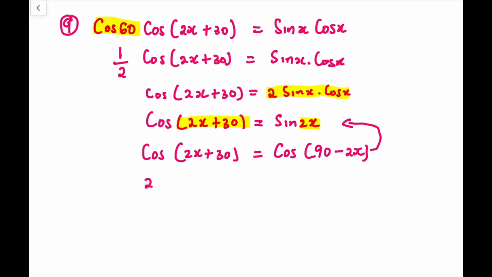So we can write this as 2x plus 30 is equal to, because this is general solution for cos, we can just put it as plus or minus 90 minus 2x, and then plus k multiplied by 360, where k is an element of integers. Now we want to solve for x here.